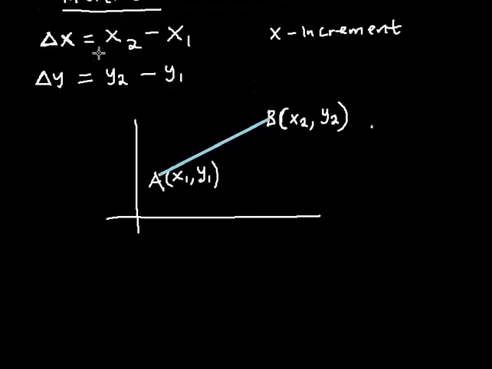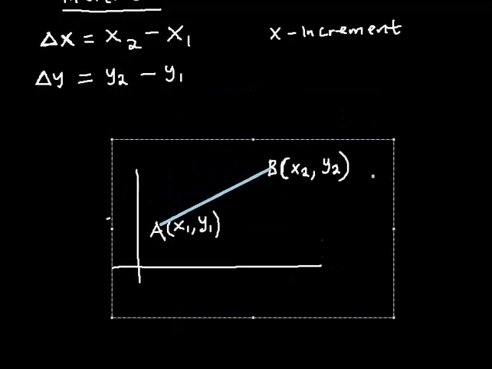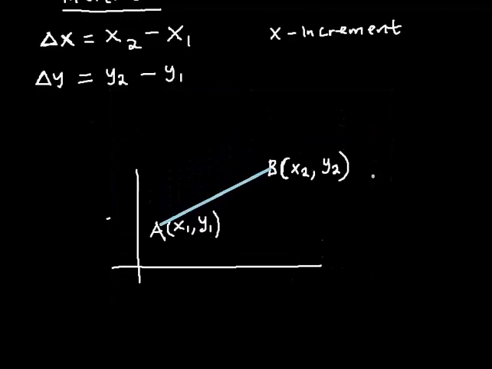Now I use a different color. You discover that for these two points, point A and point B, we have different x coordinates. For point A, the x coordinate is x1.